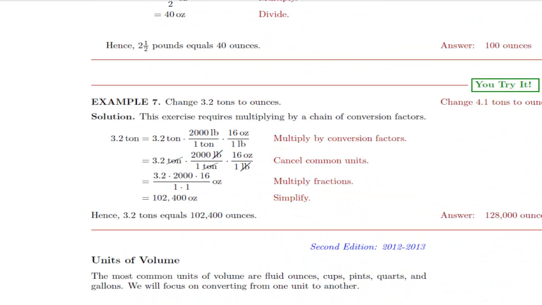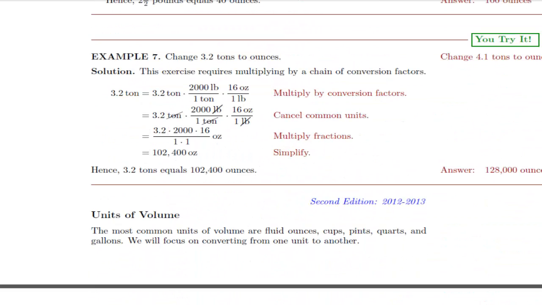Example 7. Change 3.2 tons to ounces. Solution. This exercise requires multiplying by a chain of conversion factors. We'll use the conversion factor 2,000 pounds over 1 ton to convert from tons to pounds, and the conversion factor 16 ounces over 1 pound to convert from pounds to ounces. 3.2 tons equals 3.2 tons times conversion factors 2,000 pounds over 1 ton and 16 ounces over 1 pound.